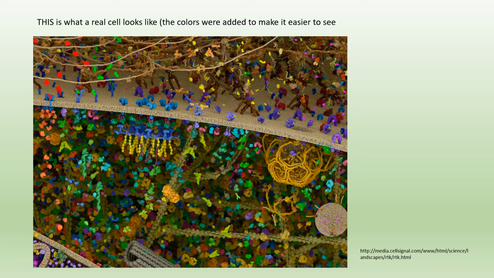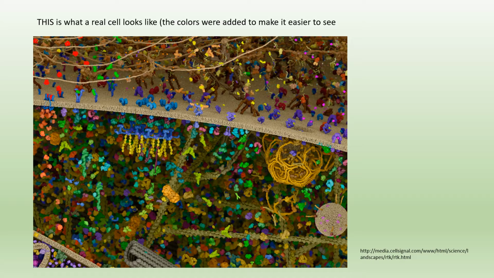So this image is a more accurate image of what a cell really looks like. A lot of times when you see pictures of cells, they're very simple diagrams that are very, very easy to interpret. This obviously is not so easy to interpret. You can see a cell membrane here.